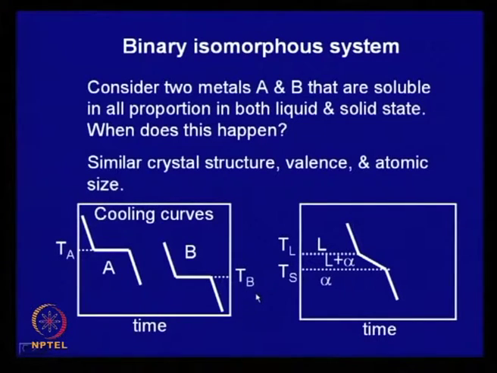Now, what happens if we mix the two metals A and B in the liquid state? In the liquid state, it is much easier to mix metals, because apart from diffusion, we talked about diffusion primarily in the solid state, and we found that diffusion is a very slow process of mixing in the solid state.